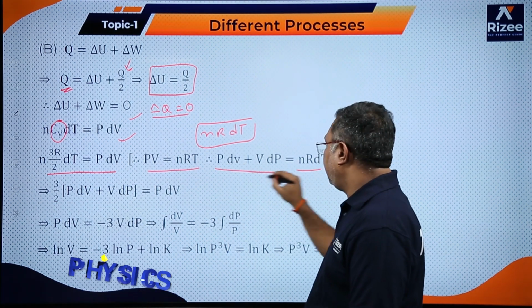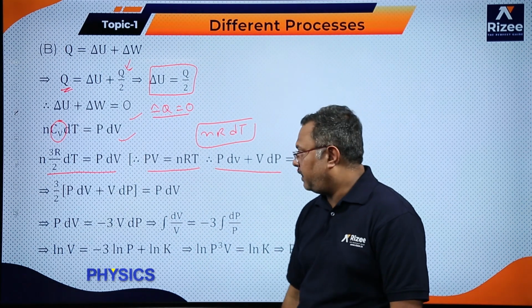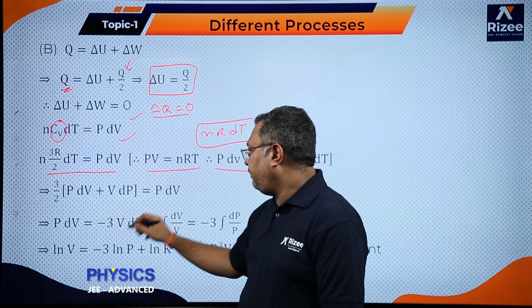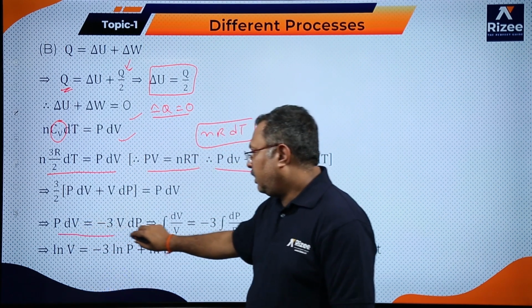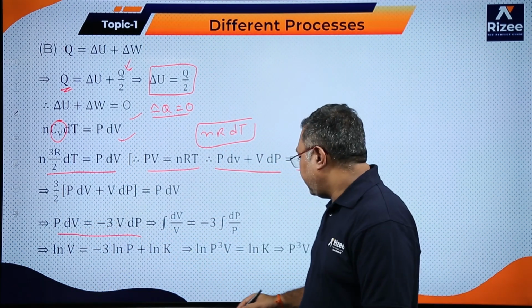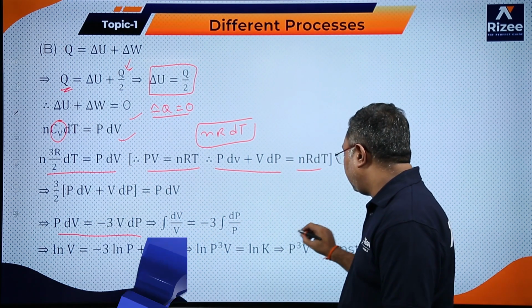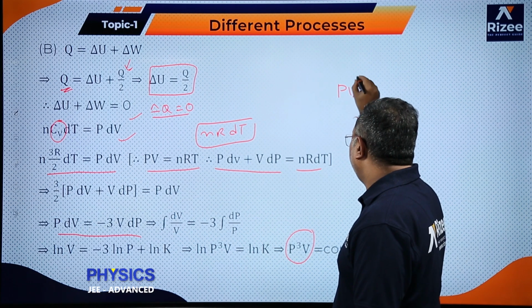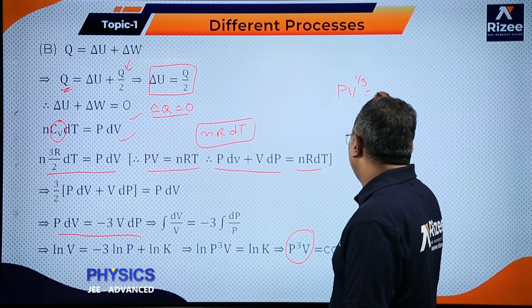So nR dT can be replaced with P dV plus V dP, so that your entire equation has been converted into the form of P dV and V dP. On integrating this one, you can get the relationship between the pressure and volume, and it can be written as PV^(1/3) = constant.